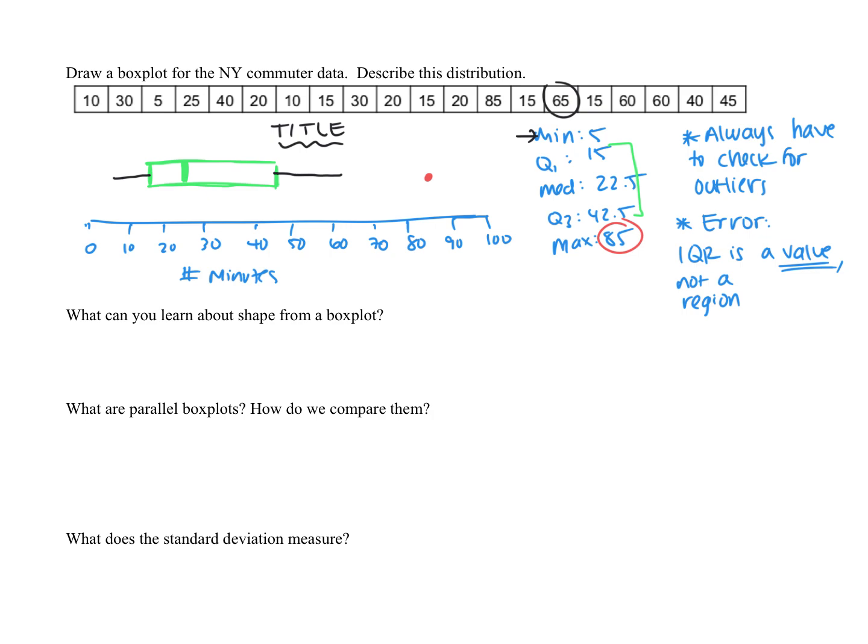What I mean by that is a lot of times people will say the IQR is 15 to 42.5. That's not IQR. IQR is a single number. So we could say the middle 50% is 15 to 42.5. But IQR is a single value.